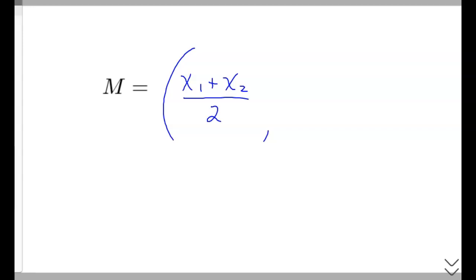And the Y value, yep. Y1 plus Y2, good. The second coordinate. And that will give you the midpoint for any 2 points on a coordinate grid. Okay? Not too bad, right?